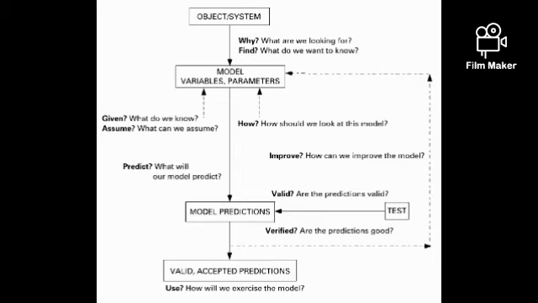You should implement the iterative loop that we call model, validate, verify, improve, predict. Again, this is the cycle for mathematical modeling, which was defined earlier as a cyclical process, and the cycle goes from model, validate, verify, improve, predict.